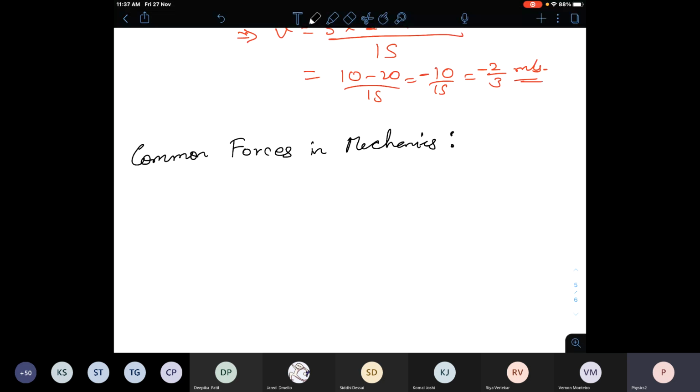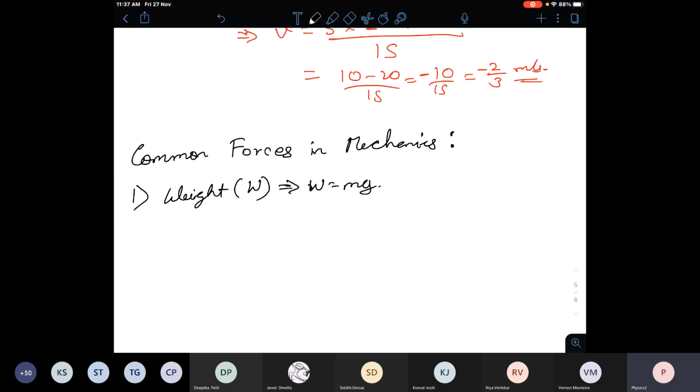So let's move on. First is your weight. It is represented by W or mg. W is basically your mg only, the gravitational force.